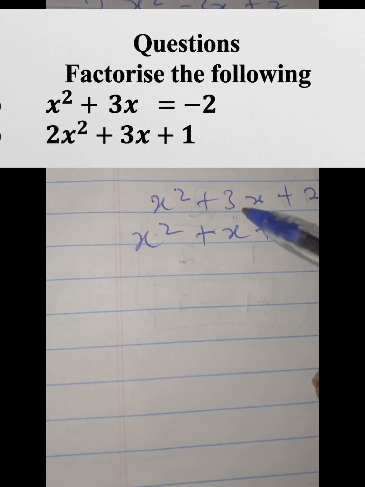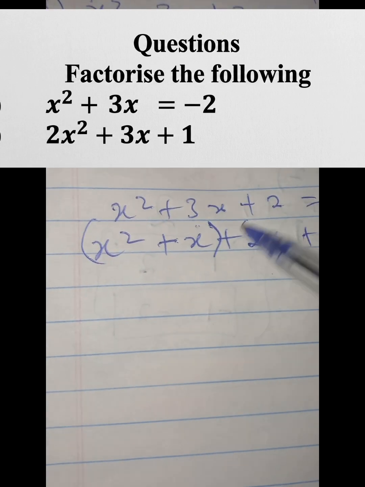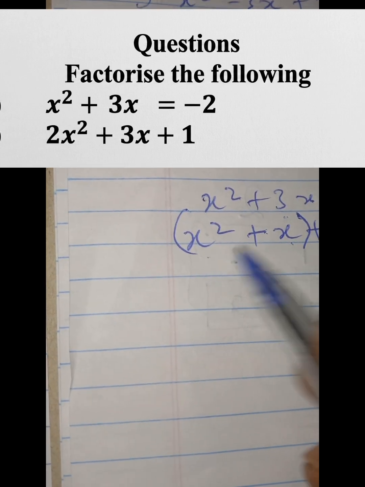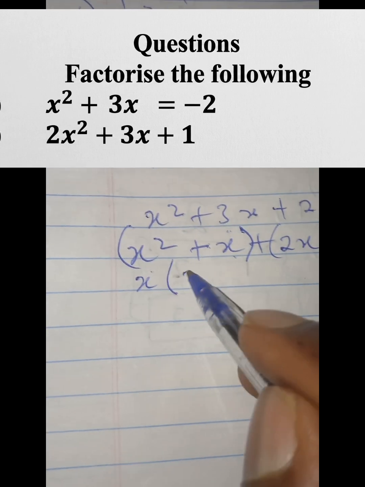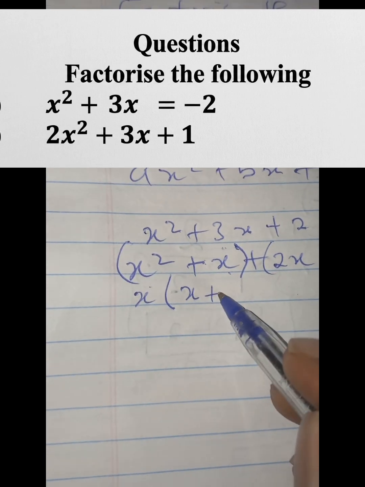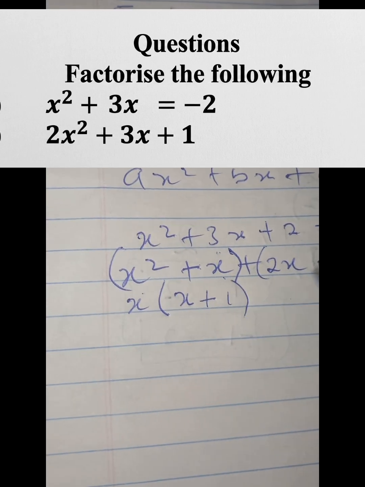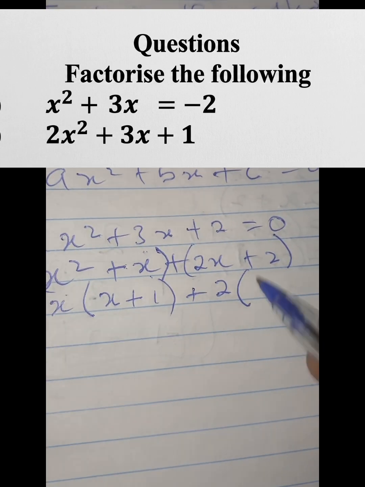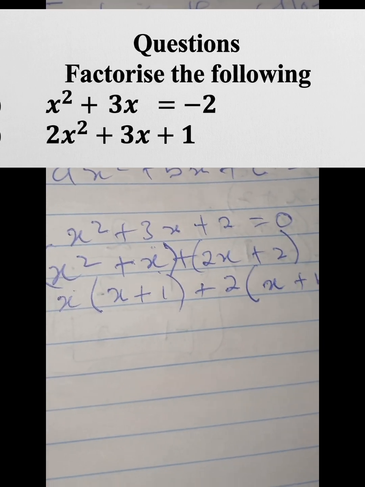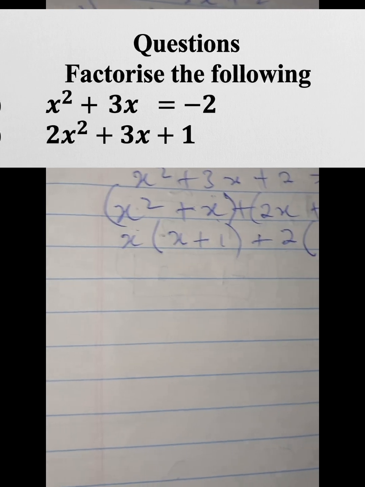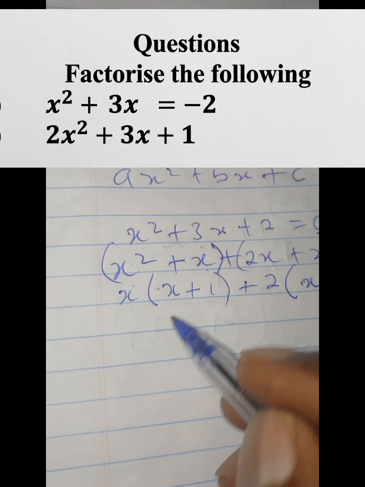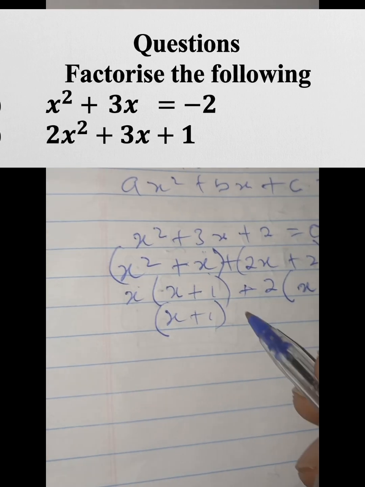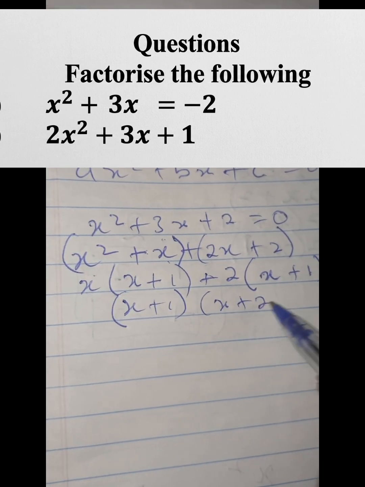So let's introduce brackets and then factor the common term out. x is common, so x left, then x goes here 1, plus the common term, which is 2. Then x plus 2 goes into 2 one, so x plus 1. Since they are the same, we write one of them, and we put these ones into a bracket, x plus 2.